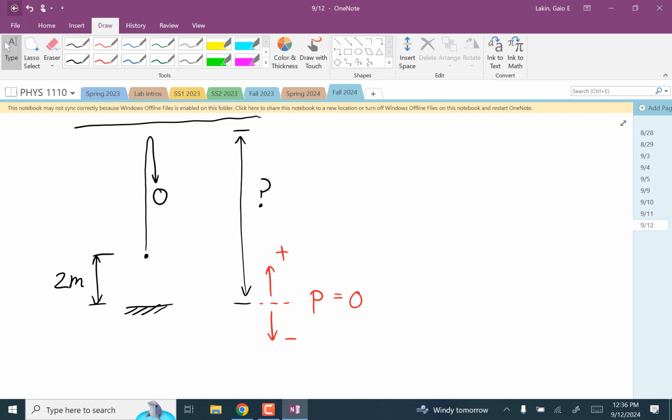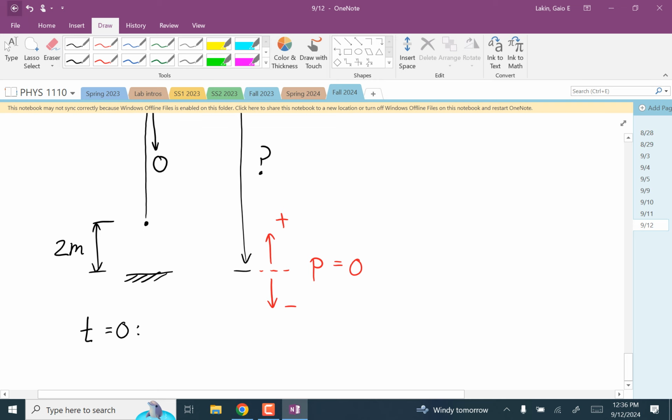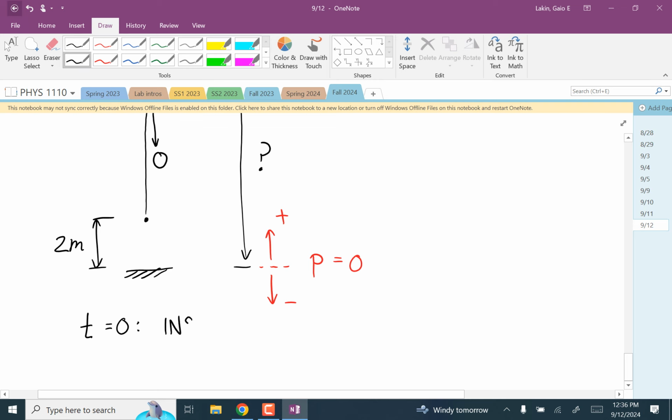And now, what instant do we want to choose for time equals 0? What's the instant we turn the stopwatch on? Just the instant that it's launched, right? And what's the instant that we turn the stopwatch off to look at it?